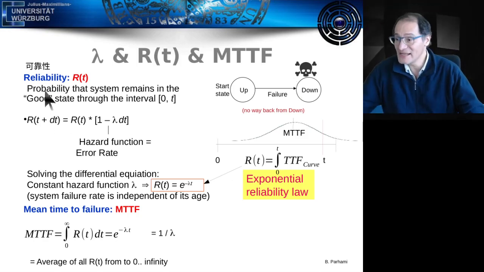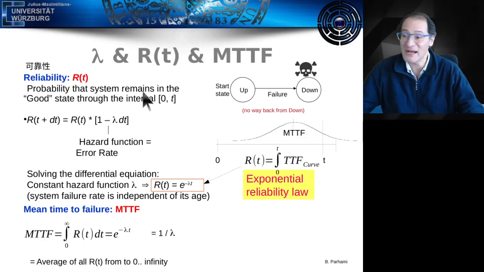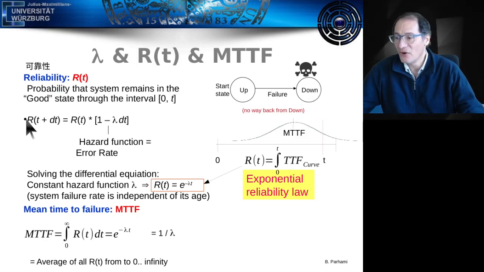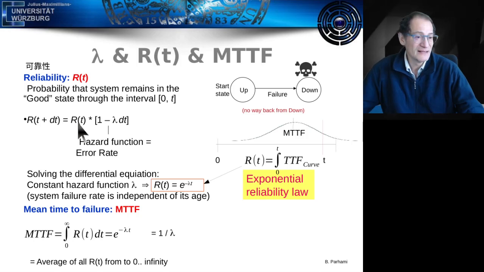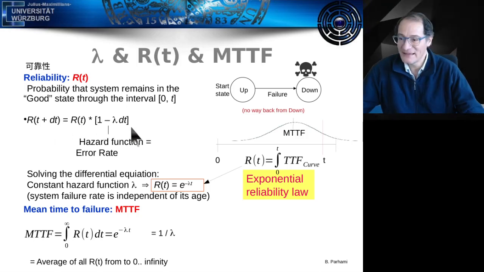Okay, the reliability is the probability that the system remains in the good state in the interval from 0 to t. Here it doesn't matter. Okay, and this is the reliability of this time is what we saw before. The reliability of this time multiplied by this function gives this.